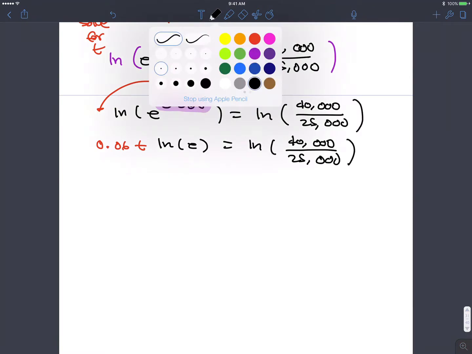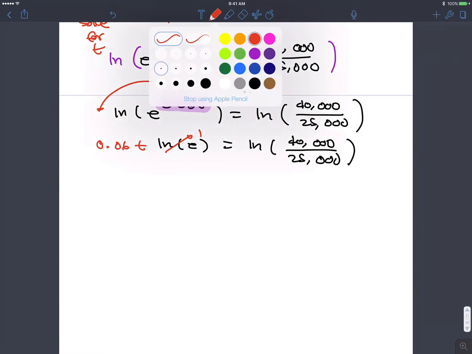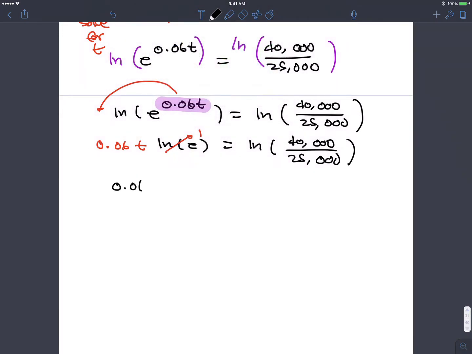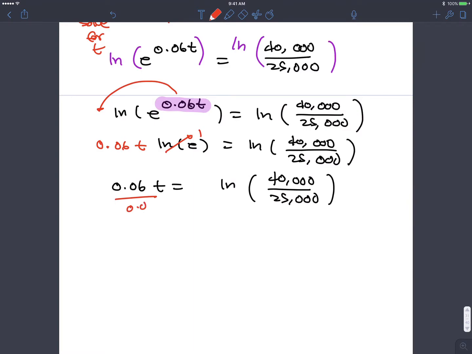Now the natural log of e, if we recall, is 1. So you're going to end up with the equation of 0.06t, again, is still natural log of 40,000 divided by the 25,000. If you divide both sides now by your 0.06, you get cancellation, and now t becomes the natural log of 40,000.